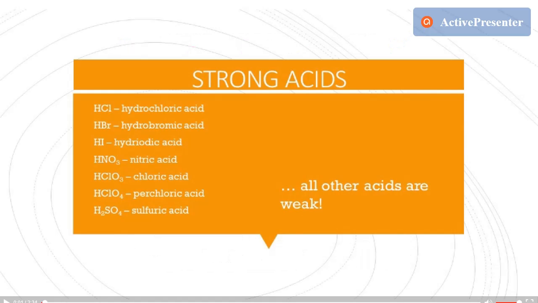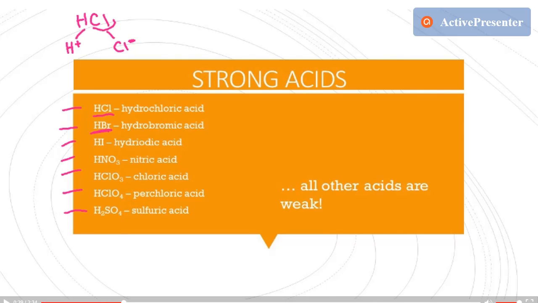Now back to the strong acids. If you take any one of these strong acids, you can break them up into their own separate ions. So hydrochloric acid is going to break up into an H+ and a chloride -1.